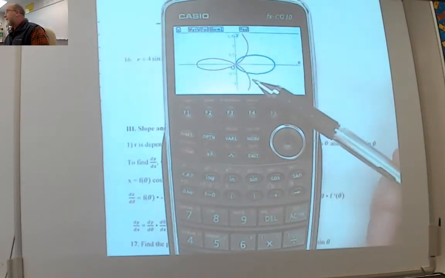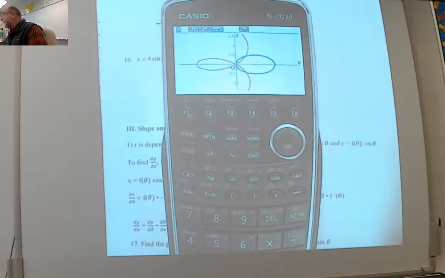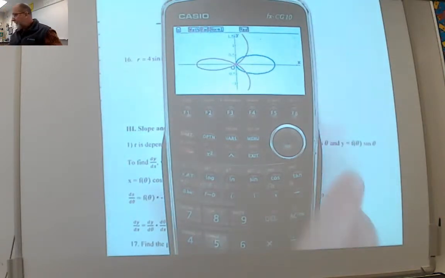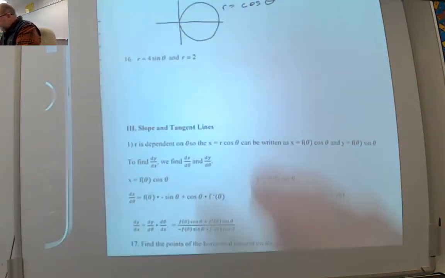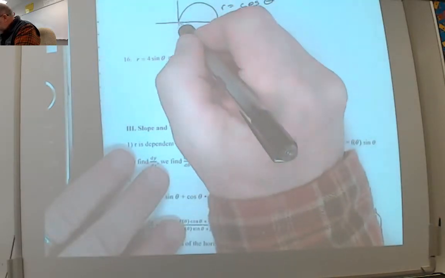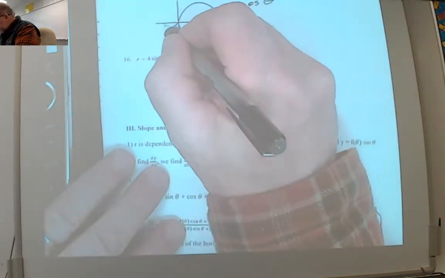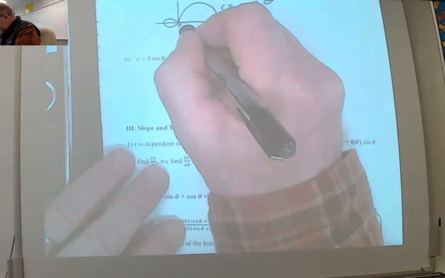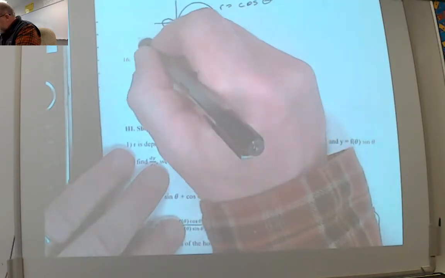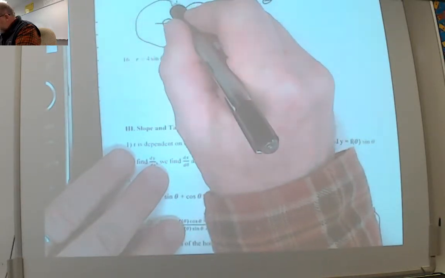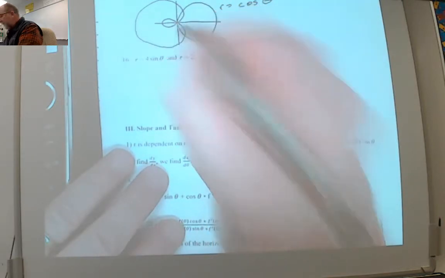So it looks like they intersect at the pole again, correct? Something like that.